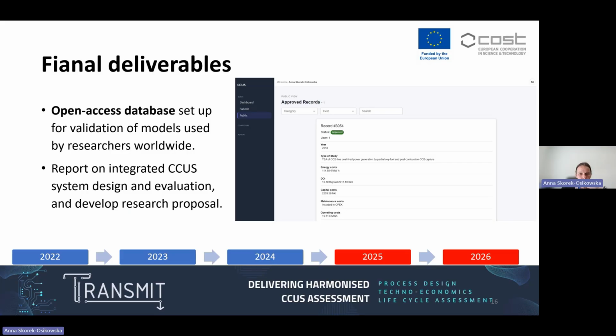Also, as Jose mentioned, we have an open access database, which we have been trying to develop for at least the last two years, which should be a digital home for the whole community. We want to have a database where we can find mainly experimental data that can be used for your models, for your work, a database that can be trusted.